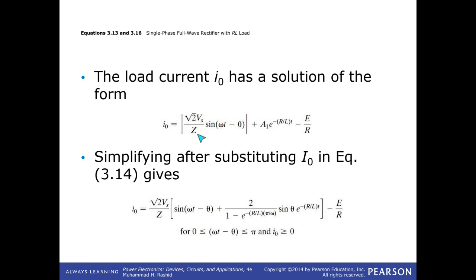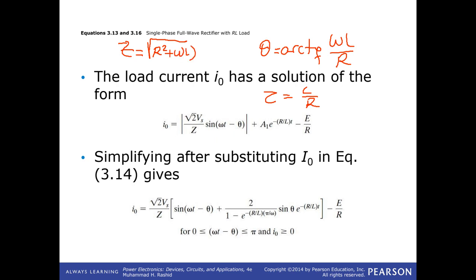teta'yı yazmamıştım. Burada yazmış olayım. Okurken, çalışırken yorulmayın. Gerçi bunları biliyorsunuz ama theta is equal arc tangent omega L over R. Time constant is equal L over R. Z is equal square root of R square plus omega L square.